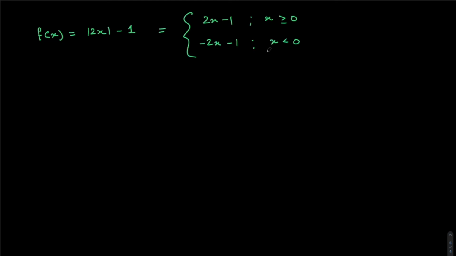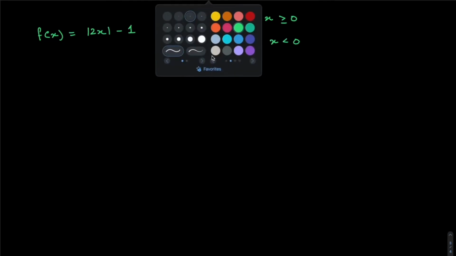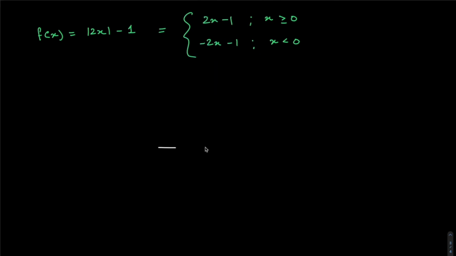It's slightly different. It's not the same. So now if I have to plot this, I'll take white again to draw the axes. So draw this, like this. So I have my x, I have my y. I'll take yellow again.